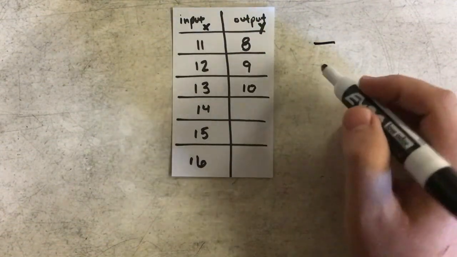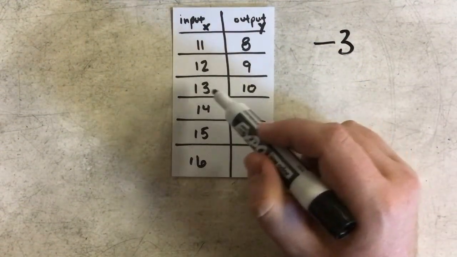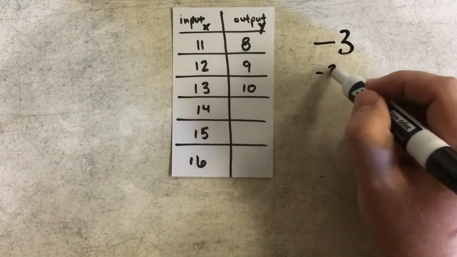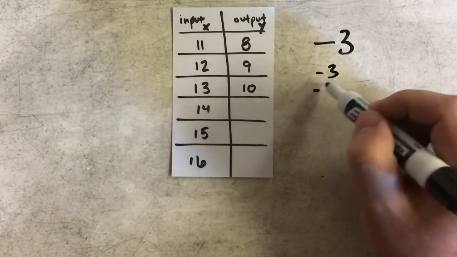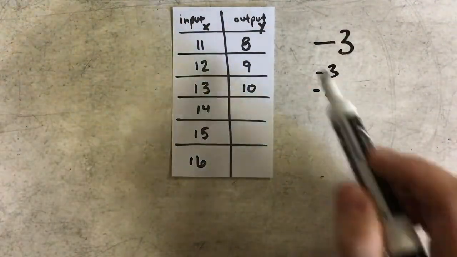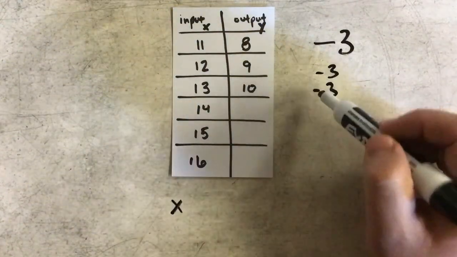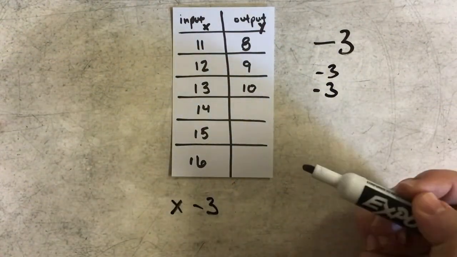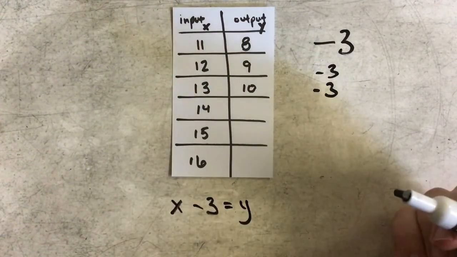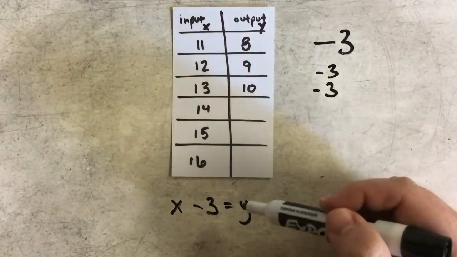And 11 minus 3 gives me 8, so I'm going to check that rule for the other numbers. 12 minus 3 is 9, and 13 minus 3 is 10. So again, I can write a rule that says that these numbers, x minus 3, will give me my output numbers of y.